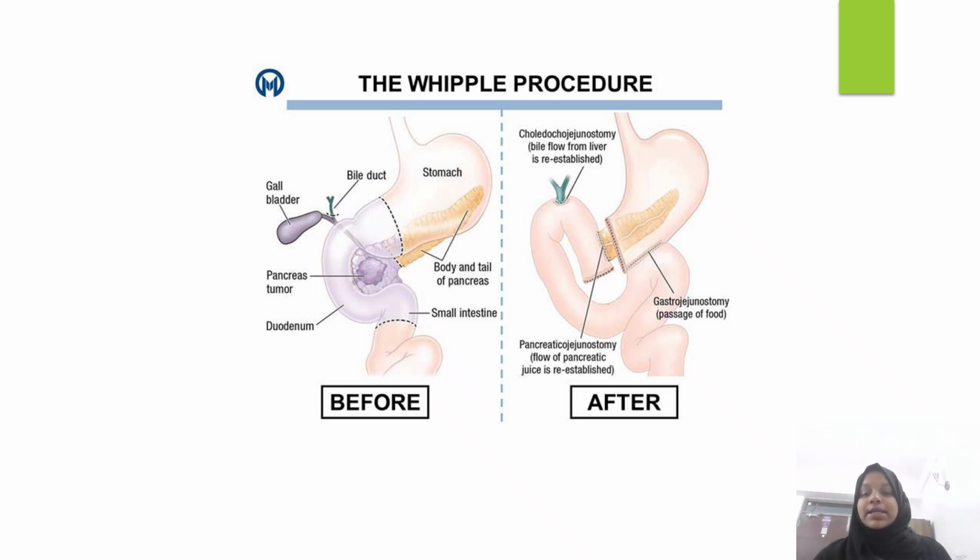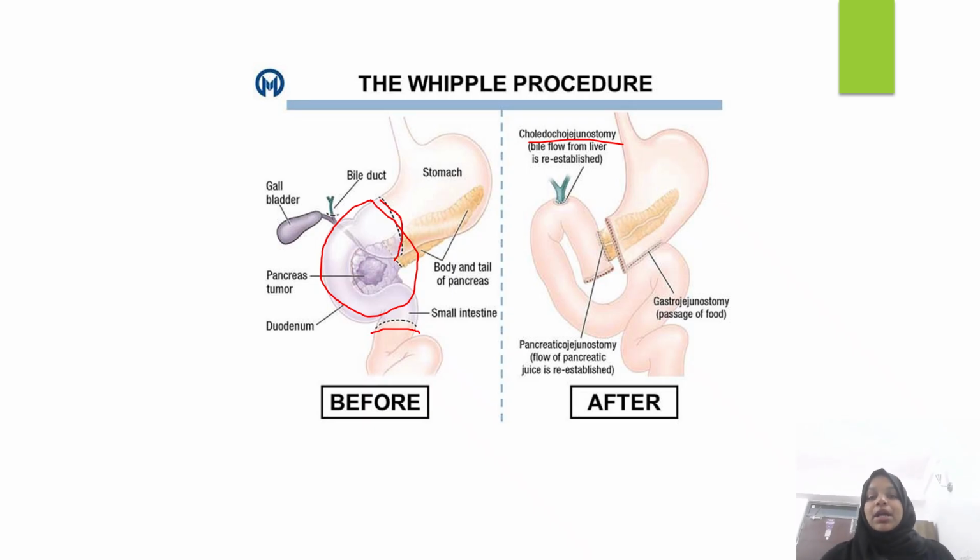And for carcinoma head of pancreas, we are resecting the tumor, and the adjacent portions, a part of stomach and duodenum, will be resected and we make anastomoses. The three anastomoses: one is choledochojejunostomy, that is for the bile flow directly from the liver.